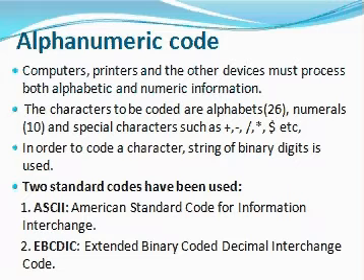In order to code a character, a string of binary digits is used. There are two standard codes, known as alphanumeric codes, used in computers and printers. They are ASCII code and EBCDIC code. ASCII is the American Standard Code for Information Interchange, and EBCDIC is the Extended Binary Coded Decimal Interchange Code.